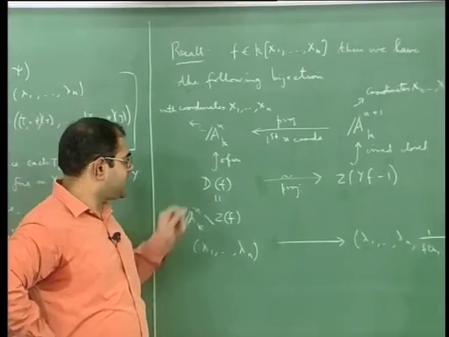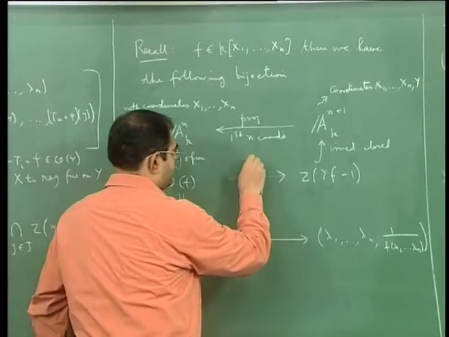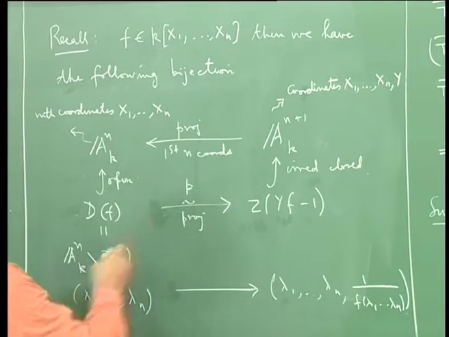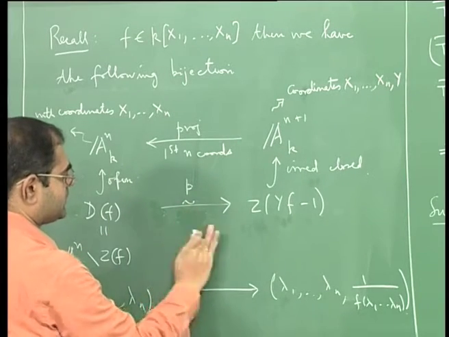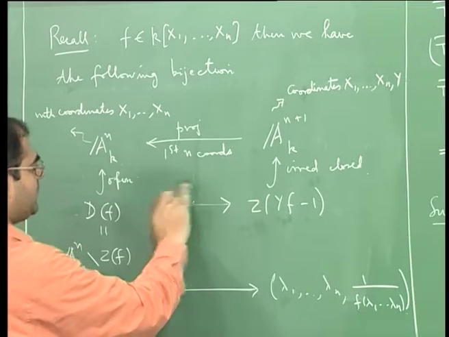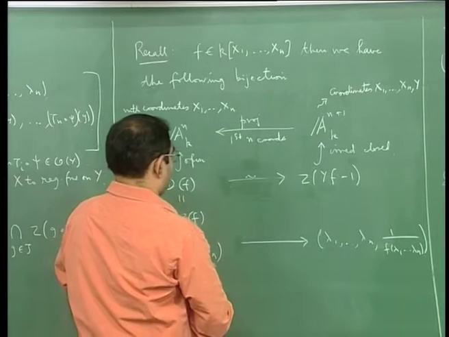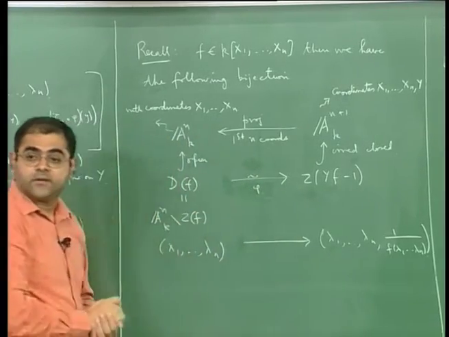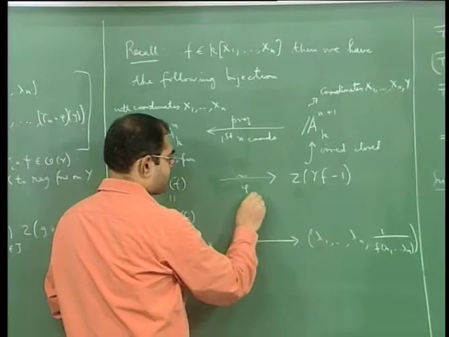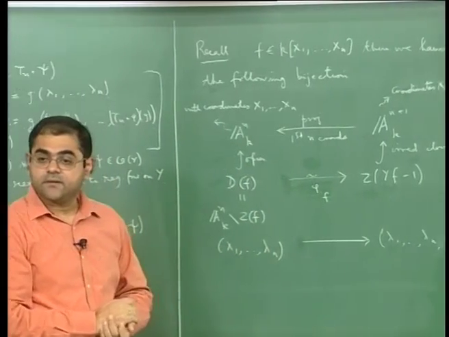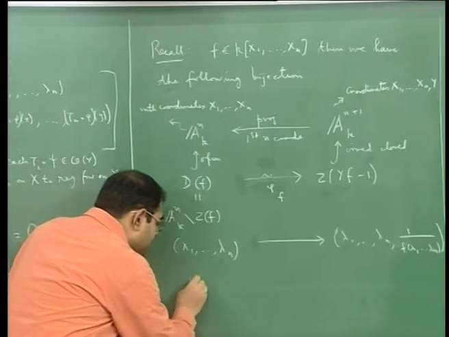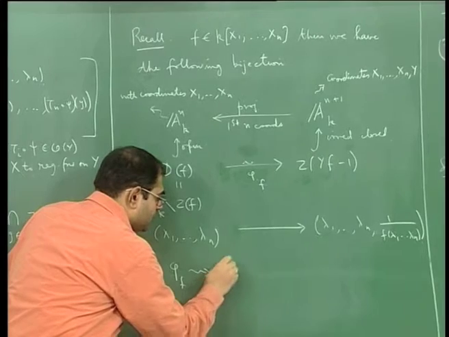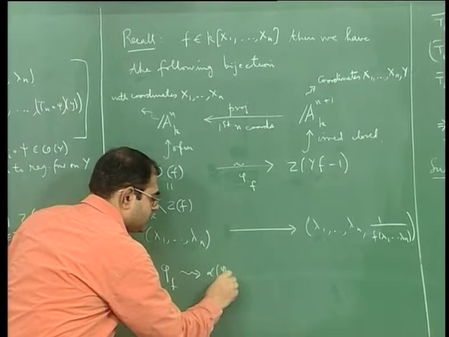You will see that if I call this map, let me call this map by something. Let me call this P. No, I should not call it projection, so I should give it some name, phi if you want. Let me call this phi sub f because this f is involved. Okay, then this phi sub f will induce alpha of phi sub f, which is a pullback map.